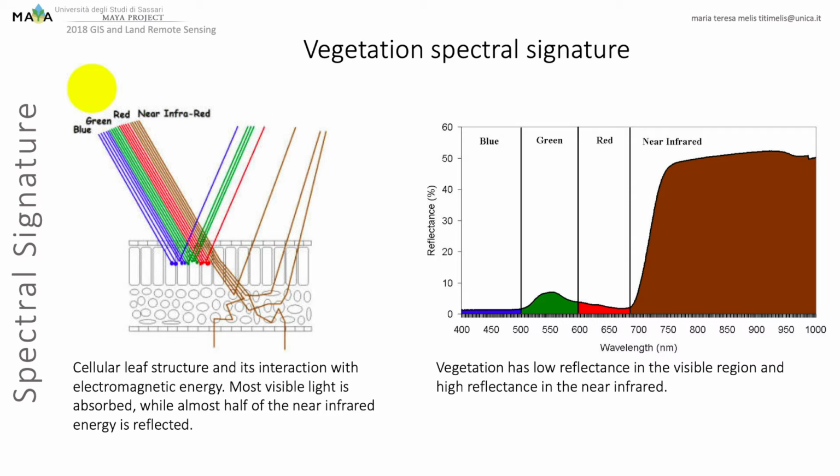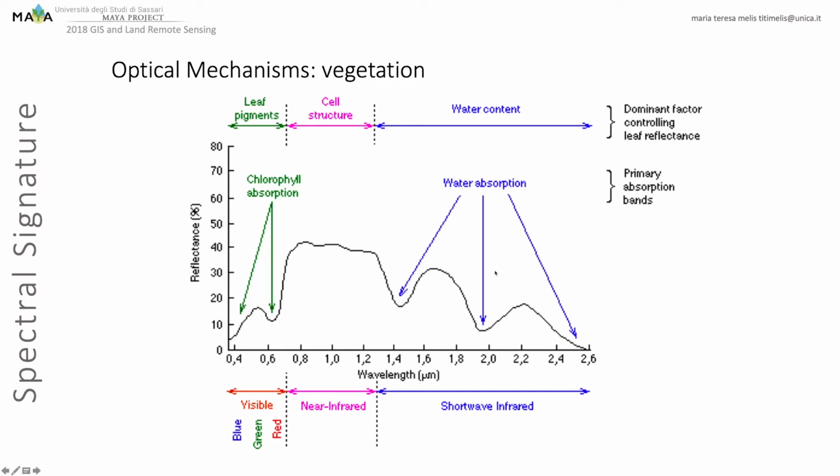But a very important part of the absorbed and reflected information is in the near infrared, which is characteristic of the interaction with the internal structure of the vegetated leaves.